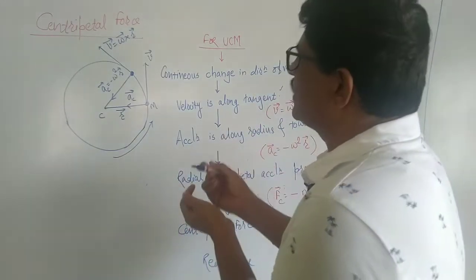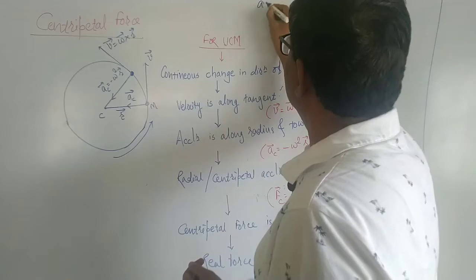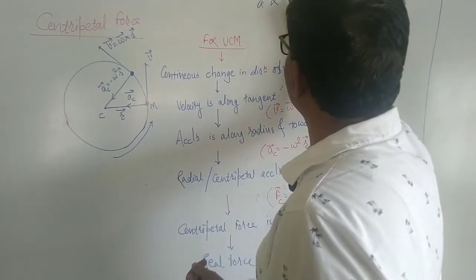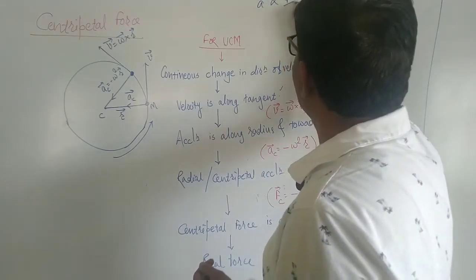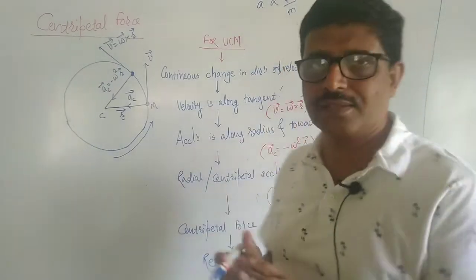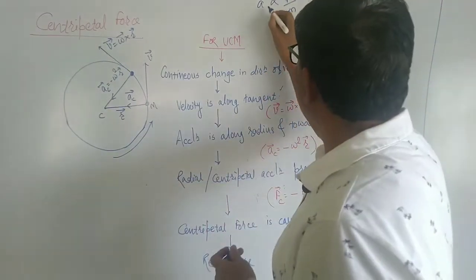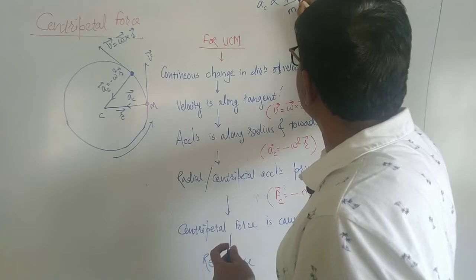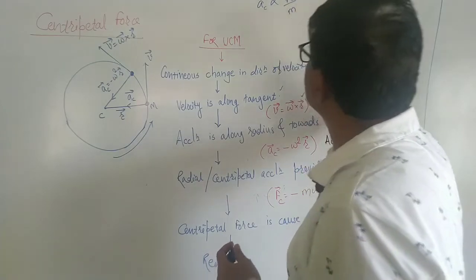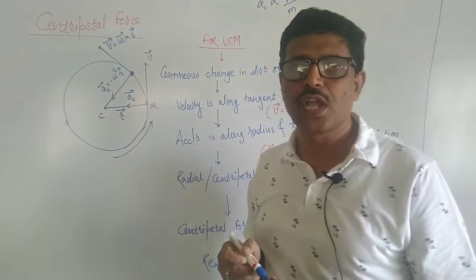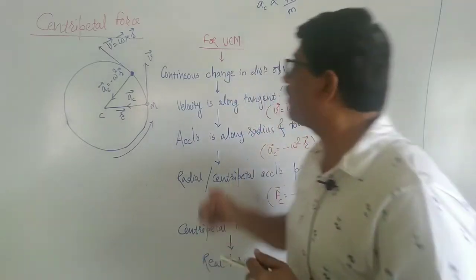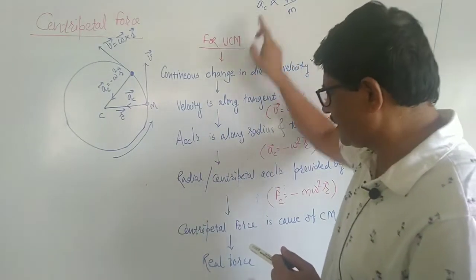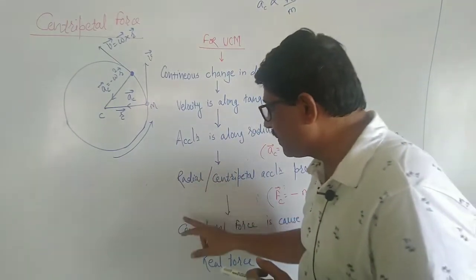One more thing that is always known to us is that acceleration is directly proportional to the applied force and inversely proportional to the mass. Therefore, this centripetal acceleration is because of a force, which is the centripetal force, or the force which provides the required centripetal acceleration.